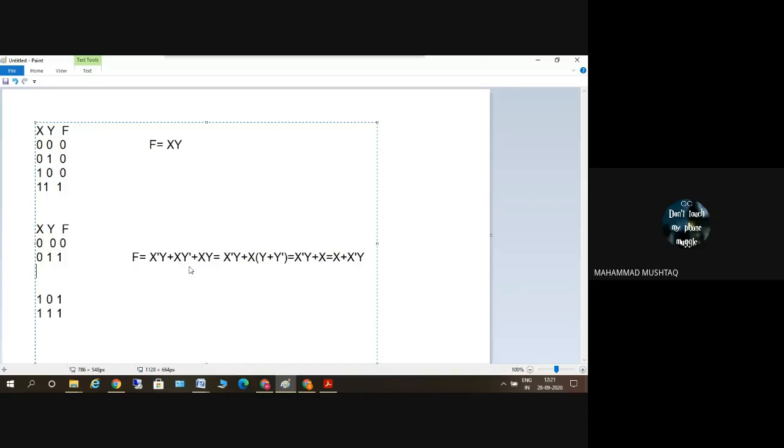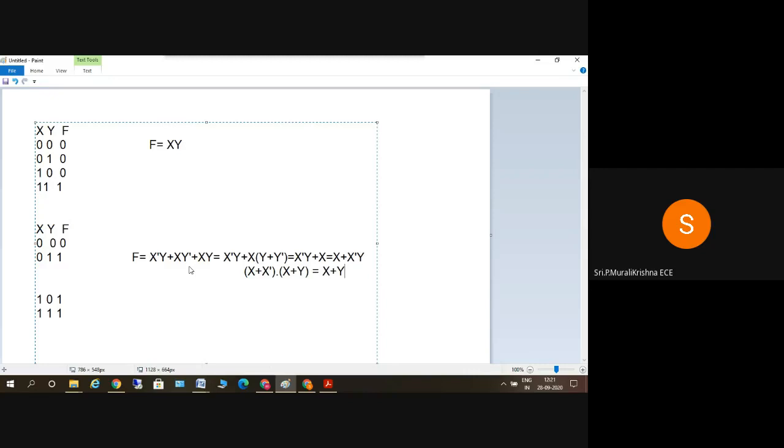So x plus y into x plus z is nothing but x plus x bar into x plus y, as x plus x bar is equal to 1. So the output is x plus y.